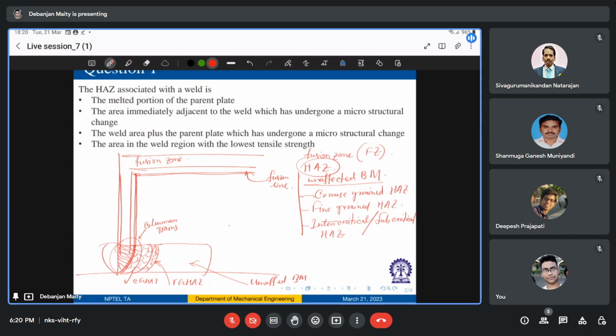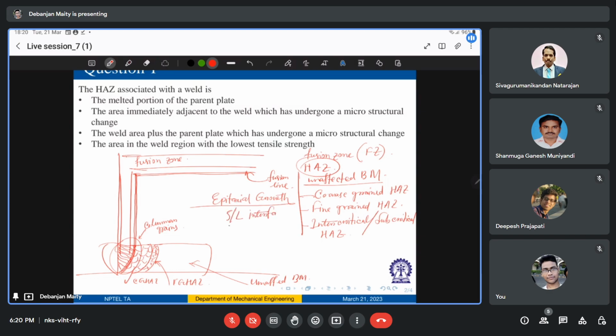Now we have already discussed in terms of grain growth, like you have this epitaxial growth, different kinds of growth mechanisms we have already discussed. And then we have also discussed what will be the conditions for these different kinds of solid liquid interface, right?